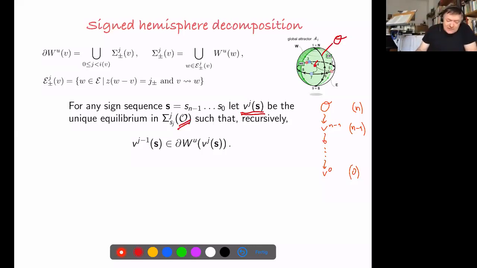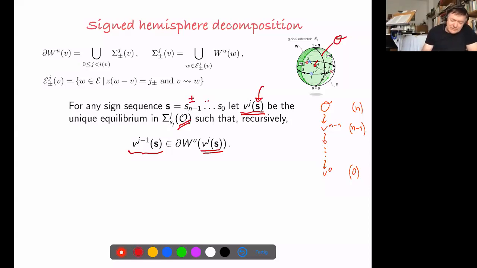And the other equilibria I define recursively such that the equilibrium which I just constructed sits on the boundary of the unstable manifold of the next one. But the next one also, you understand, has to sit in one of these hemispheres. And which hemisphere I choose, I select by a sequence of plus minus signs.